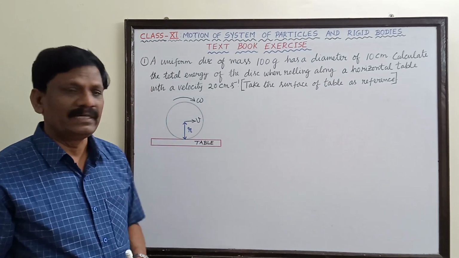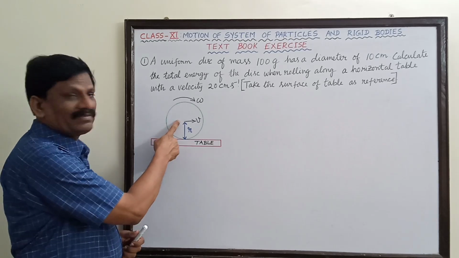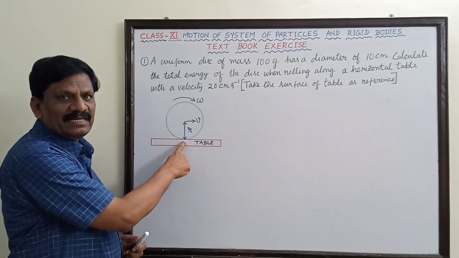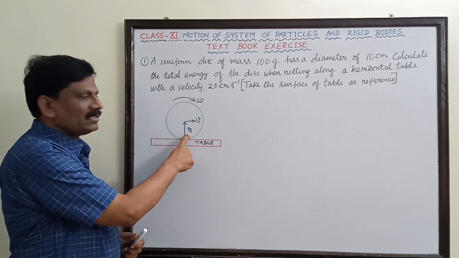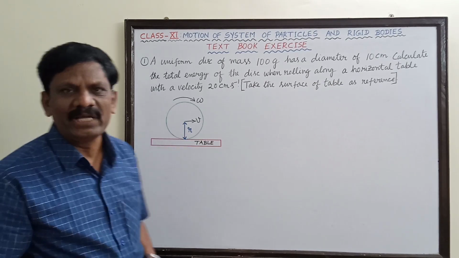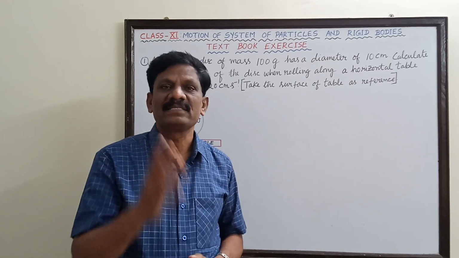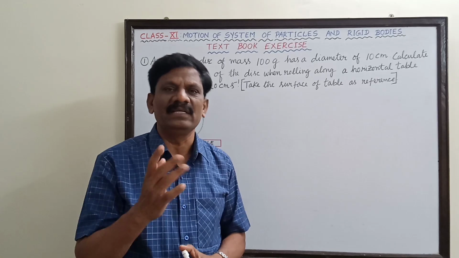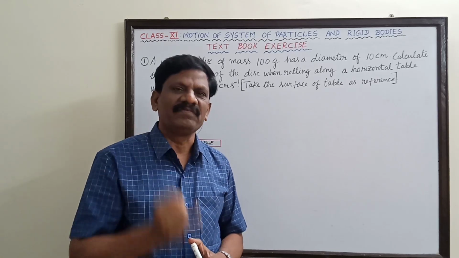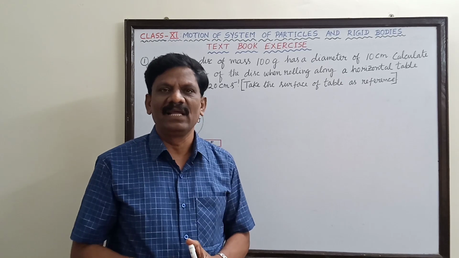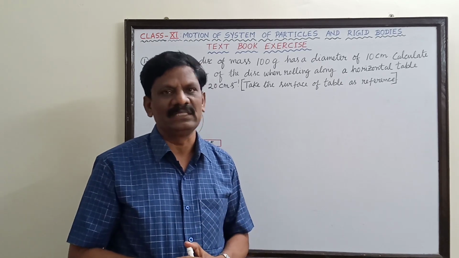In addition to that, you can see that the center of mass of the disc is at some height from the table surface, that is equal to the radius. So it will have a potential energy in addition to the kinetic energy. So it has totally three energies: kinetic energy of translation, kinetic energy of rotation and potential energy. So we have to add all the three.